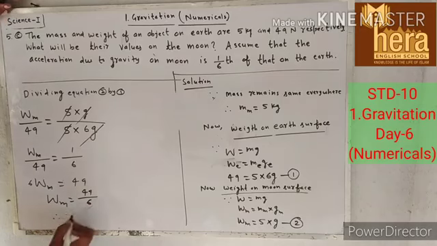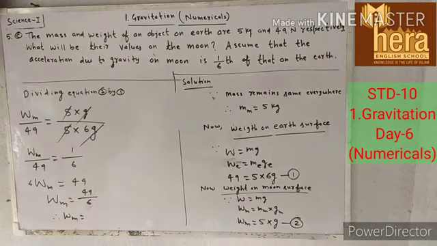So if you divide this you will get Wm. Therefore weight on the surface of moon is equal to 8.17. Since the SI unit of weight is Newton, because weight is one type of force and the unit of force is Newton, the SI unit of weight will be Newton.